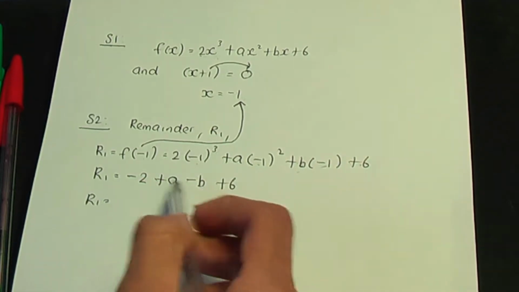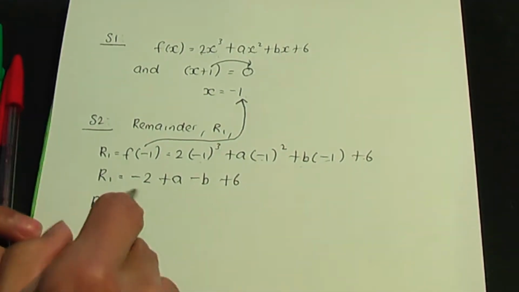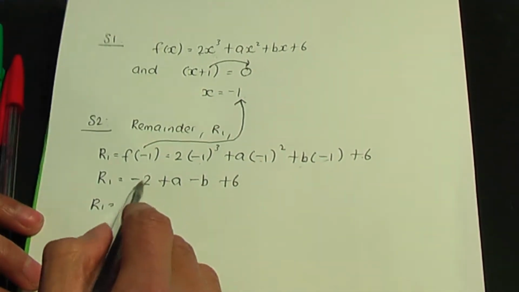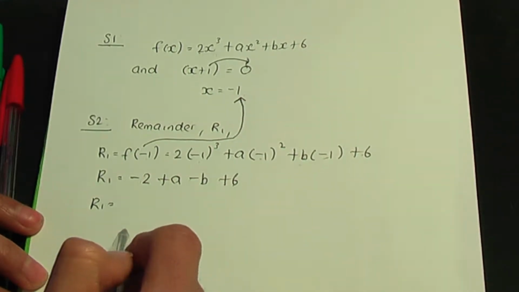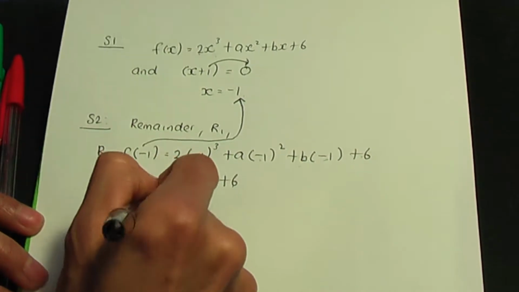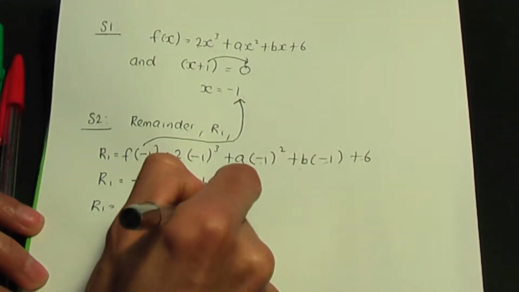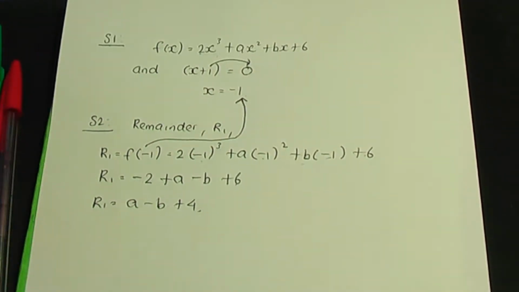And I would say simplify to the maximum. So if I add minus 2 to plus 6, minus 2 plus 6 is plus 4. So we're going to have a minus b plus 4. So this is R1, the first remainder so far.